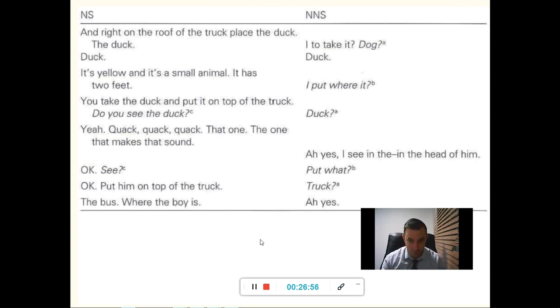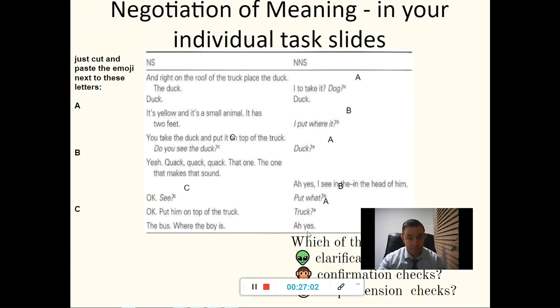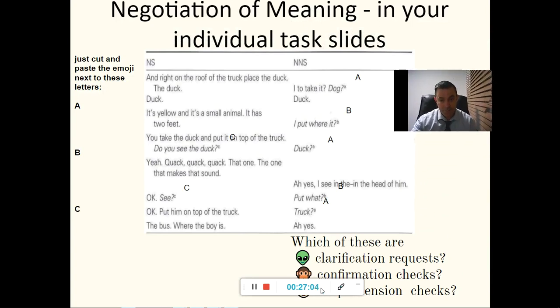Yes. Okay, so hopefully you can kind of understand what's happening here, because your task is this. Okay? In your individual task slides, you're going to look at the A's and the B's and the C's. They are examples of certain kinds of negotiation of meaning moves, right?